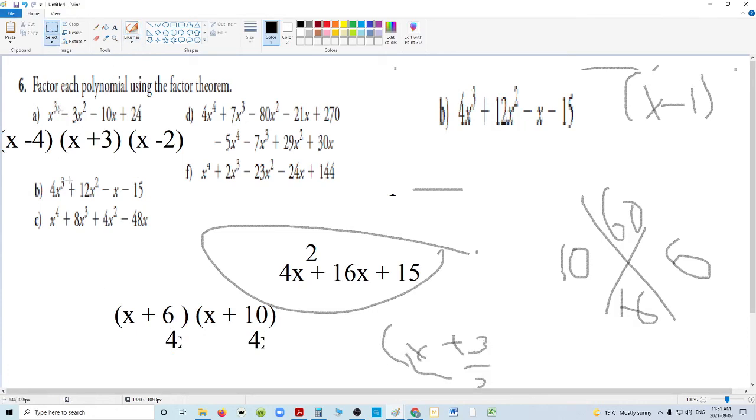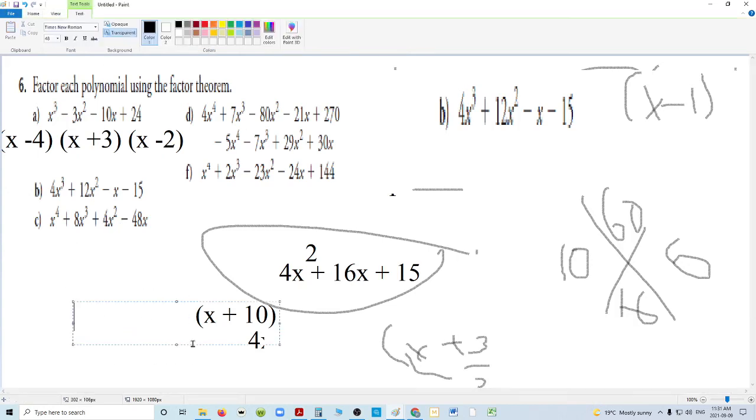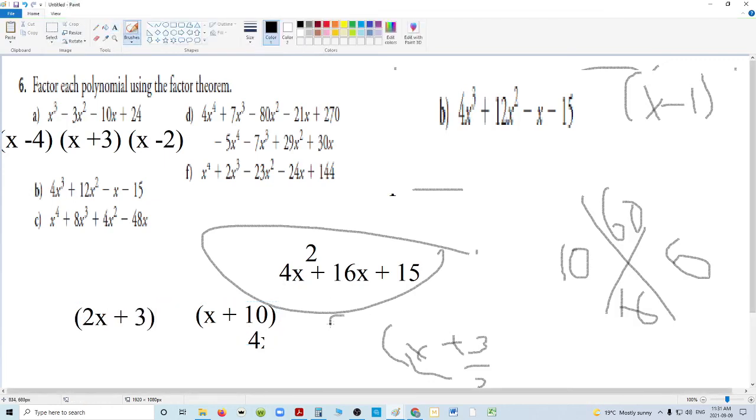So this first one is 2x plus 3. Go watch the videos on slip and slide. I think I've done a few. This one here simplifies to 5 over 2. If I slide the 2 in front, I'm left with 2x plus 5.